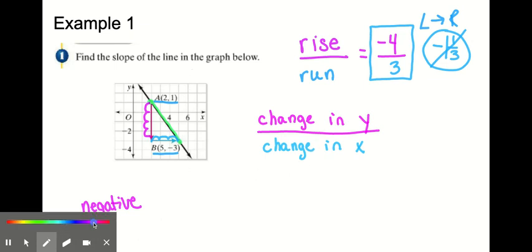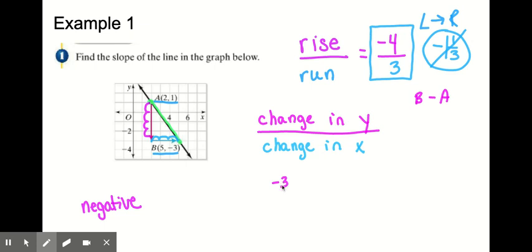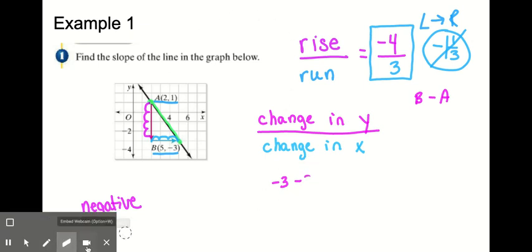Order doesn't necessarily matter as long as you do it the same way the same time. So I'm going to do point B minus point A, just to keep that in mind. So my y value in point B is -3. My y value in point A is 1. So -3 minus 1.